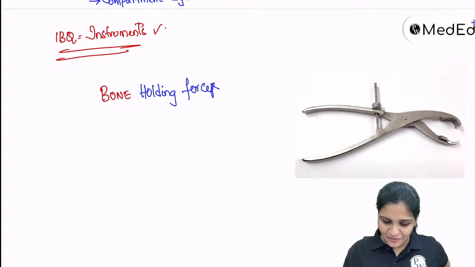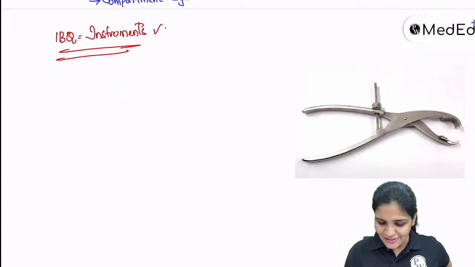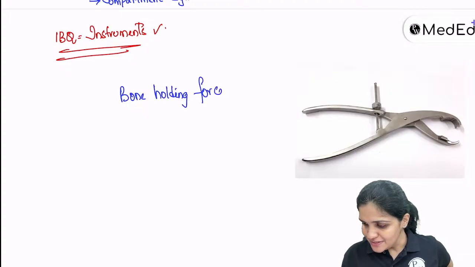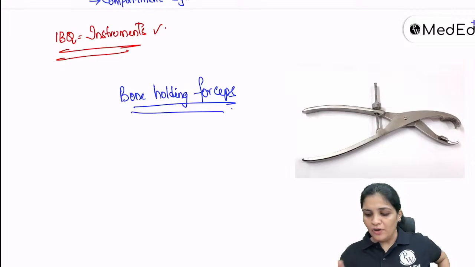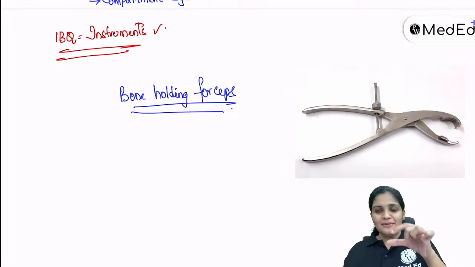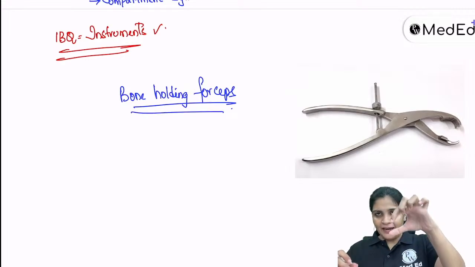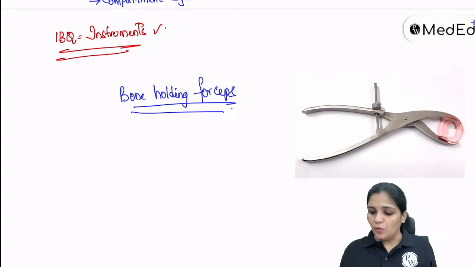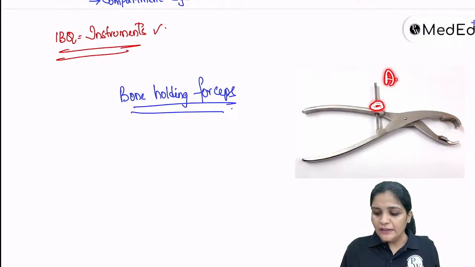So what is a bone holding forceps? If you see this, just imagine now I'm holding it this way, right? So these two clamps will hold the bone here. You can see the serrations here. So these serrations will hold the bone, and once they hold the bone, you will lock it. So this is called the AO clamp.